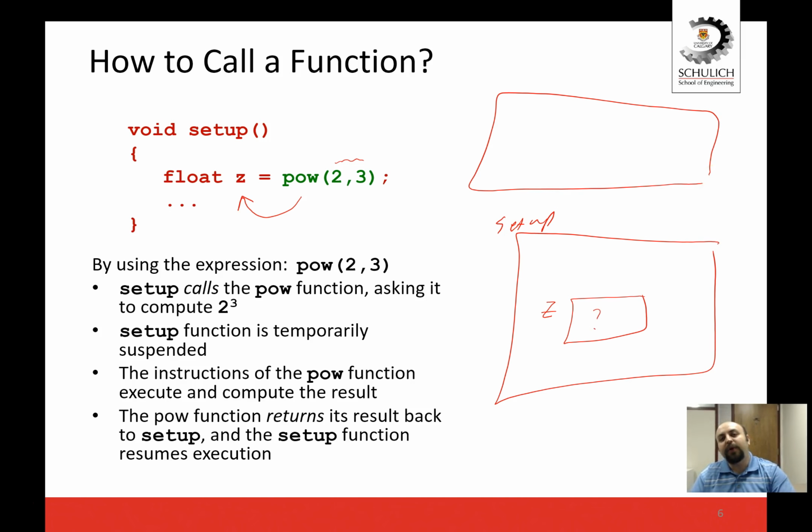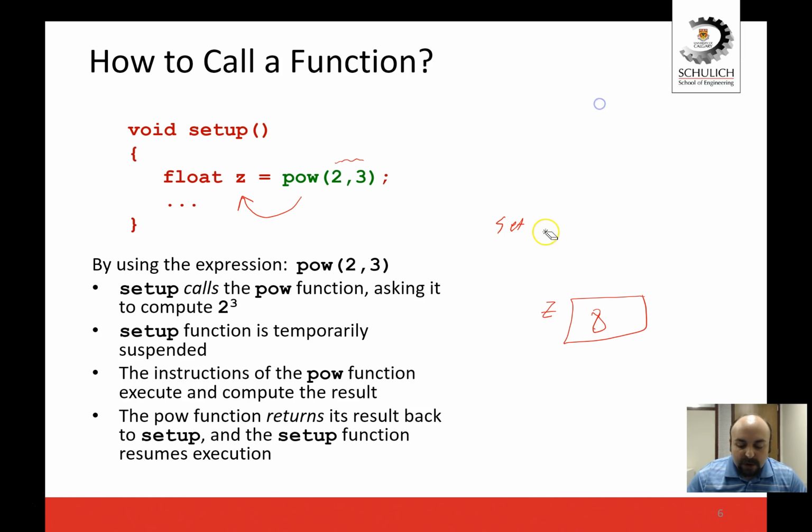Now we don't know what function pow does basically right at this point, but it has its own memory. It's going to receive our input, which is 2 and 3, and it's going to basically calculate it and put the result back in Z. So the result is going to be 8.